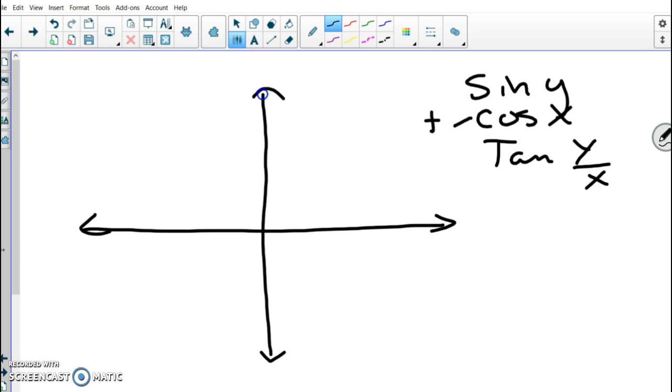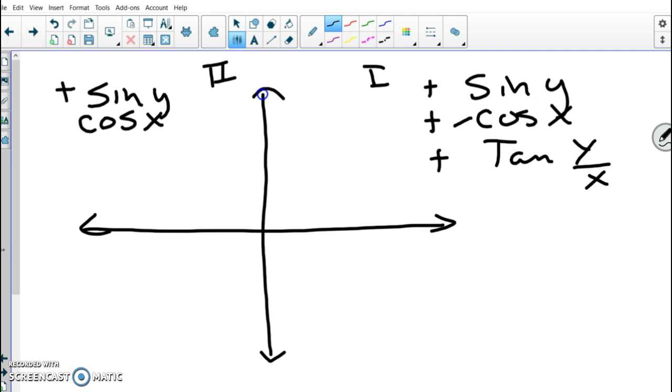The y value in quadrant 1 is positive, and therefore the ratio of the two would give us a positive value.